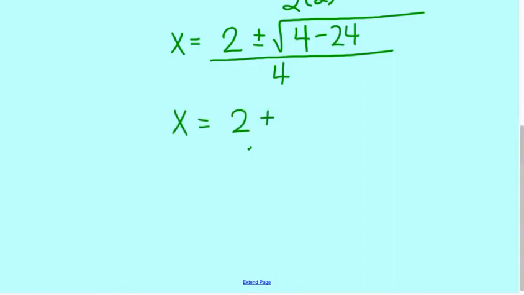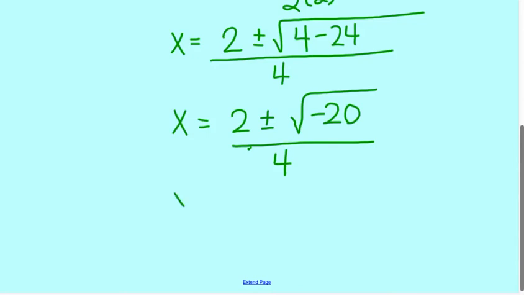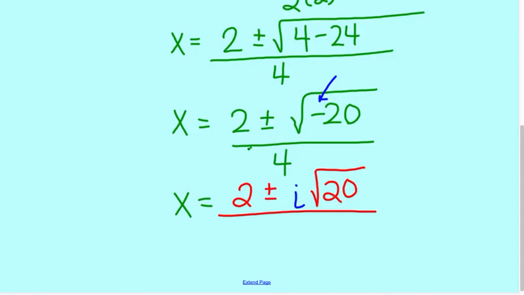Now underneath the radical, 4 minus 24 is negative 20, all over 4. Notice we have a negative underneath the radical, so I'm going to replace that with an i out in front, and then everything else stays as it is: 2 plus or minus i square root of 20 over 4.